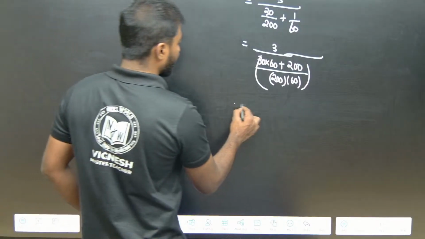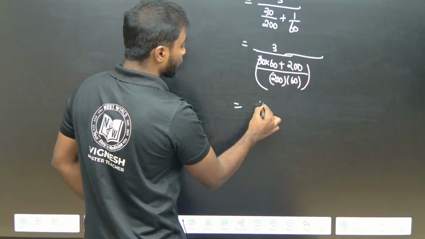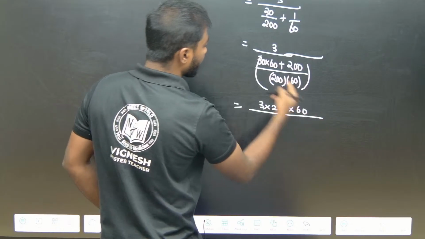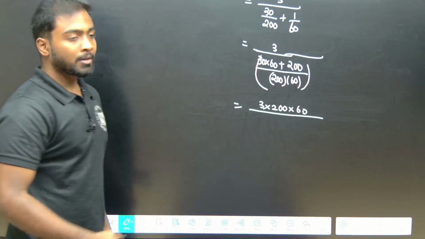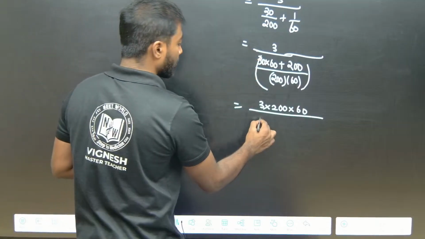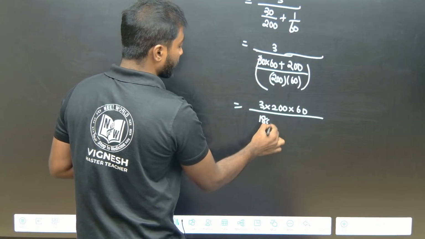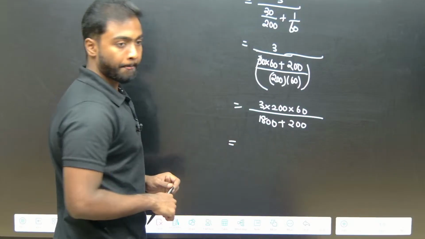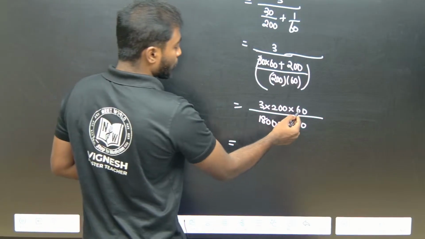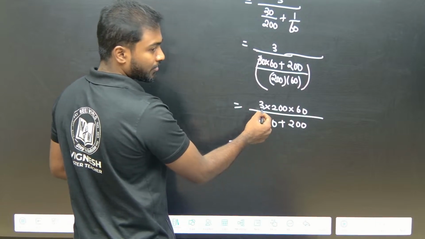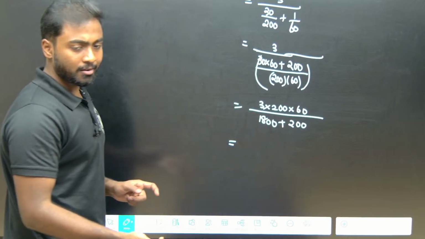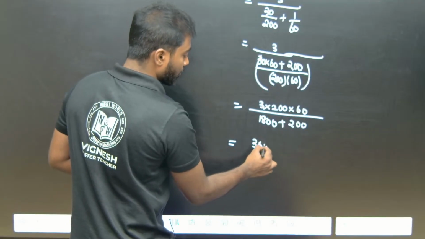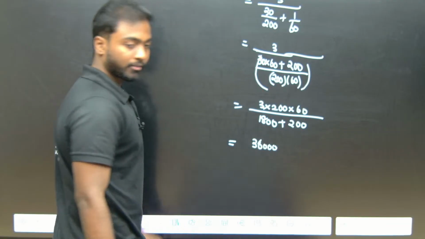So take this denominator to the numerator. So 3 into 200 into 60, divided by 60 into 30 plus 200. 6 into 3 is 18, 18 with zeros, plus 200. So 6 2s are 12, 12 3s are 36, with 3 zeros, divided by 1800 plus 200, which is 2000, with 3 zeros.